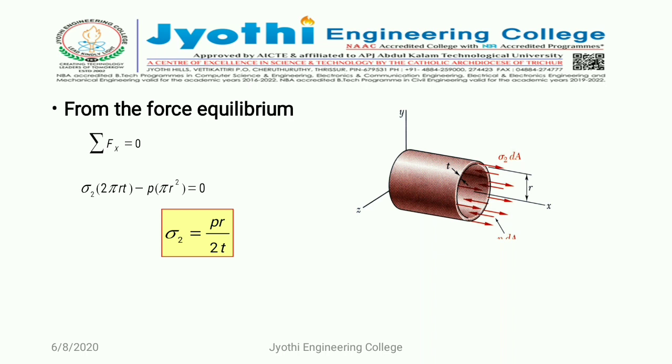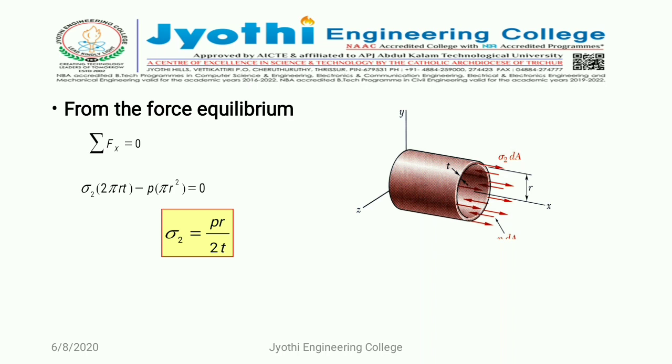That means sum of forces is equal to 0. That means sigma 2 into 2 pi RT minus P into pi R squared is equal to 0. Simplifying this equation, we get sigma 2 equal to PR by 2T. Therefore, longitudinal stress sigma 2 is equal to PR by 2T.